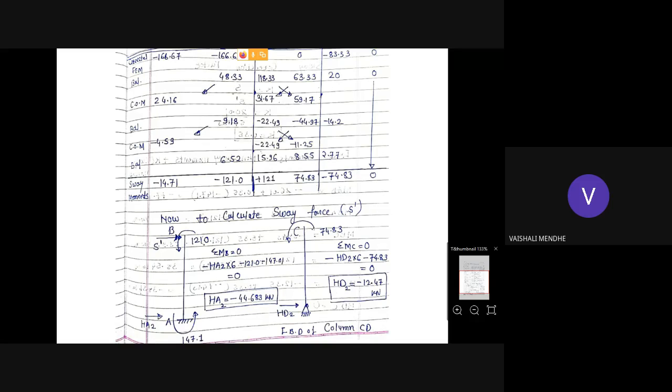Directly I have drawn the free body diagram of column AB and the free body diagram of column CD. Okay, because to get the sway force S dash, you have to find out the value of reaction at A and reaction at D. I have denoted them by HA2 and HD2. Same process we have to carry out.